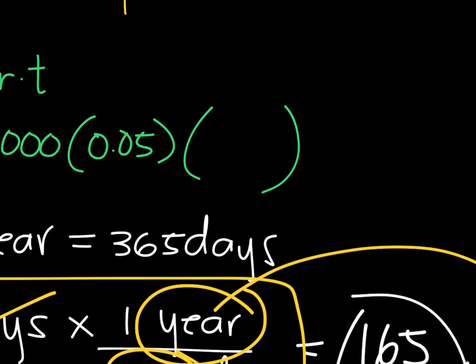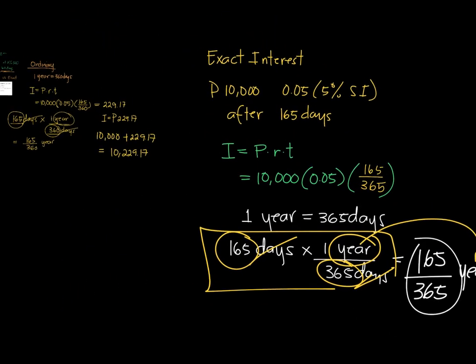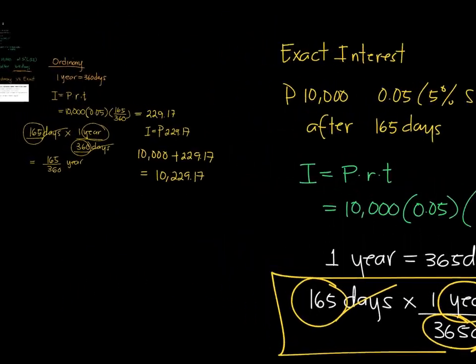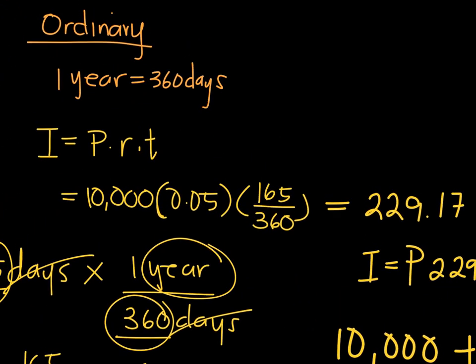So we have 165 over 365 days. Okay? So if we go back to our solution earlier, we did exactly the same, but for the ordinary interest, take note that we use 360 because 1 year is equivalent to 360.